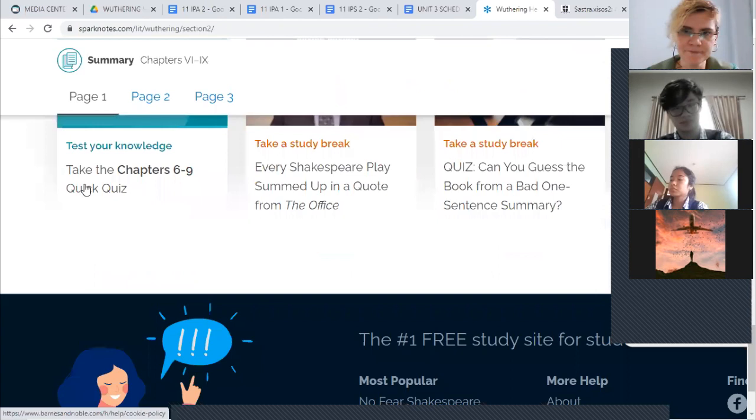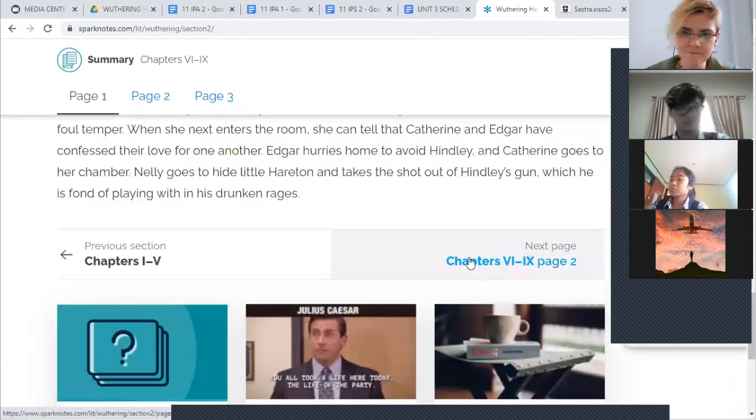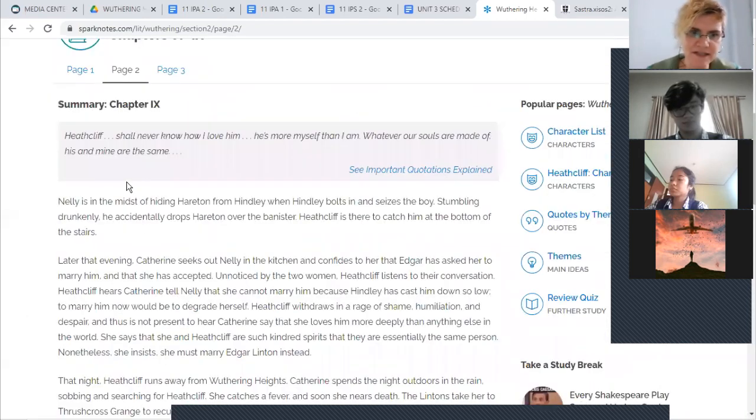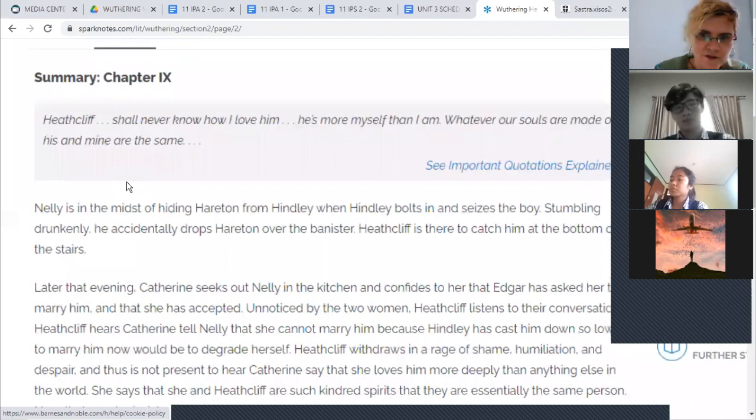Let's go to the next one. So Heathcliff gets very angry and rushes away because he cannot stand hearing what he heard.